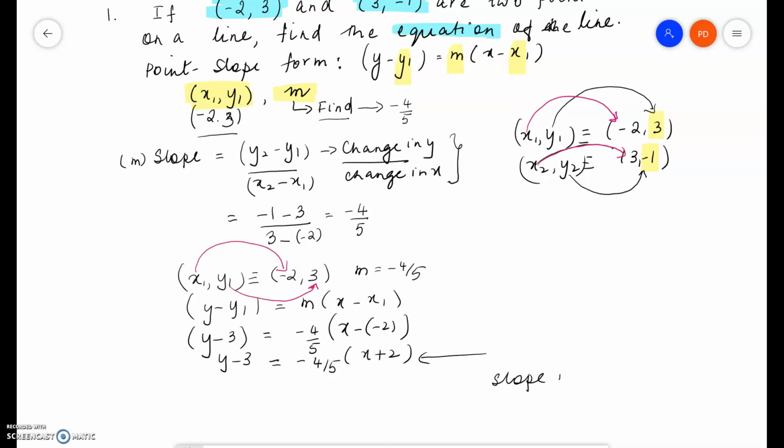So that is y minus 3 equals, and we're going to solve for y. We're going to simplify this, distribute the -4/5.